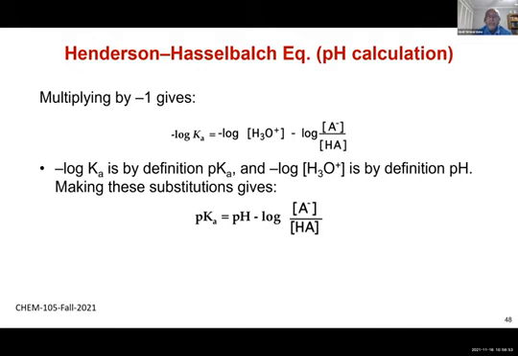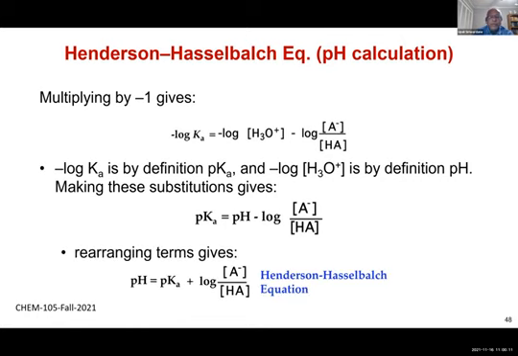Minus log hydrogen ion concentration, as we discussed, is equal to pH. The most important thing is pH, therefore we rearrange to give the pH of a weak acid and conjugate base buffer by this equation.